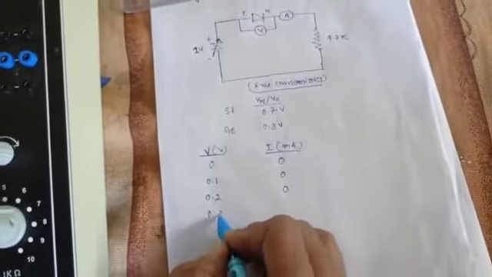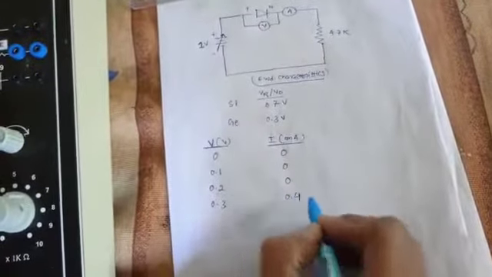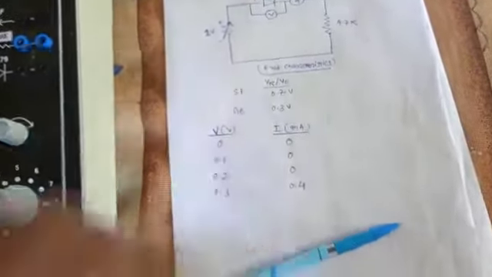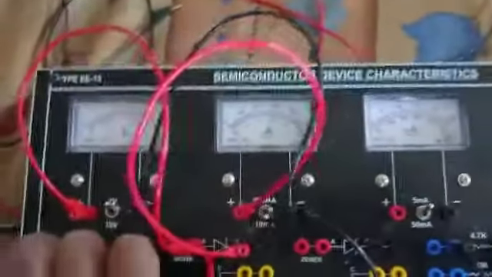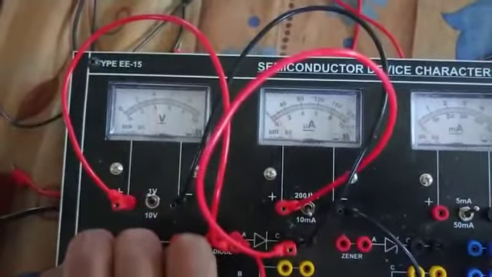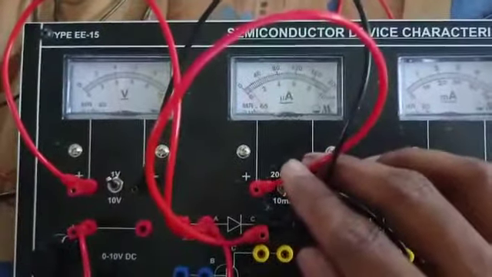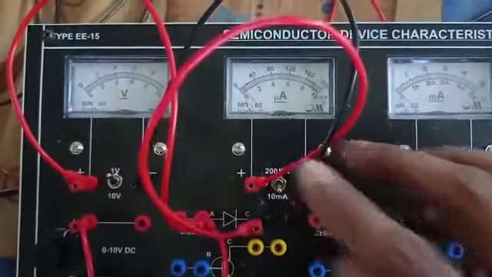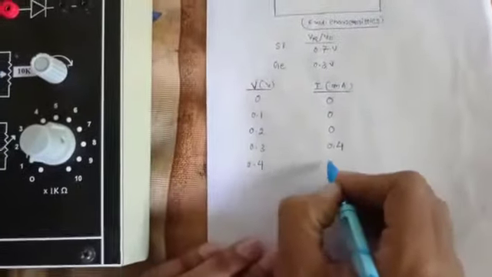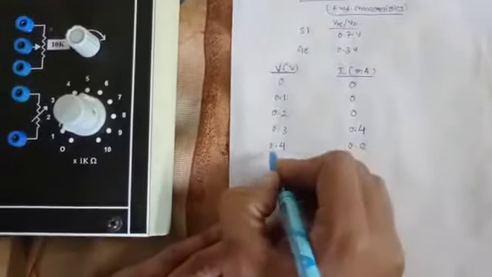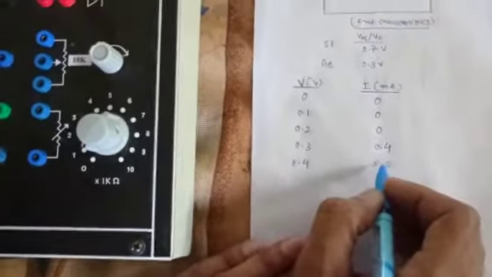One small division is 0.2, so 2 small divisions means 0.4 milliampere. Now the forward voltage is 0.4 volt, and the pointer has moved to the third small division, which means 0.6 milliampere.